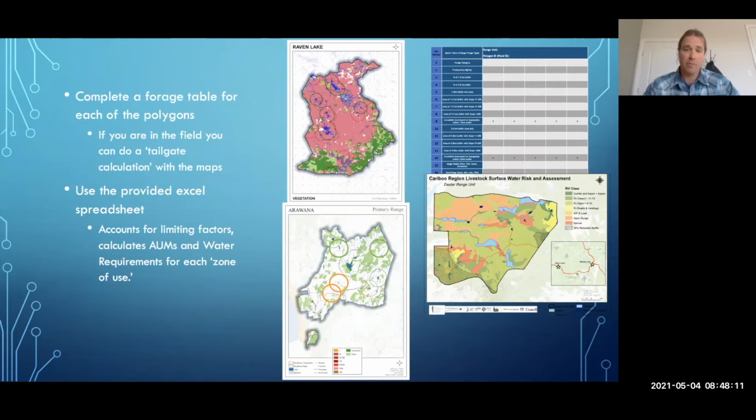You can type in some estimates, and you can get a start on what your forage resources are, or you can take the information back to the office and use a little bit more detail to plug it into a GIS and get more exact numbers with your area for the different forage categories. And so both options are available, and I've used both for calculating carrying capacity, both just a visual estimate as well as a GIS, a more exact measurement of area.